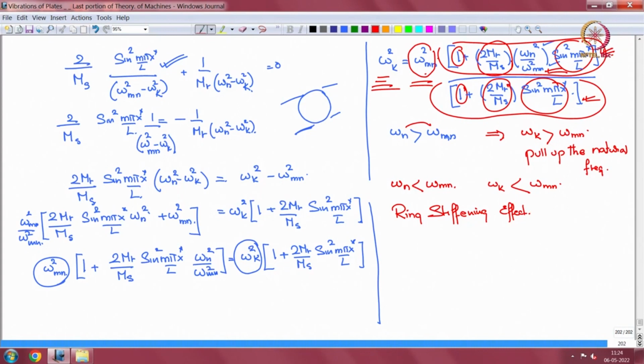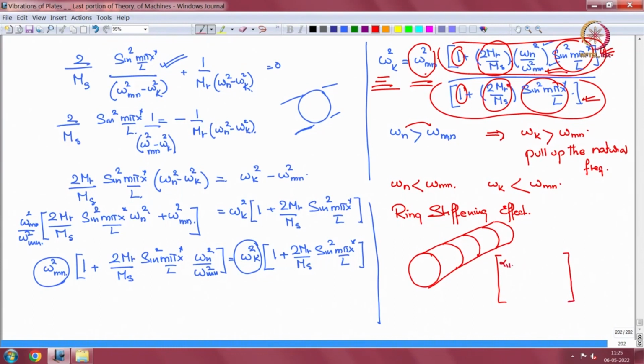Okay. Now along these lines you can have a shell, and then you can have multiple stiffeners. Then you will have a matrix of the kind we saw for the springs.